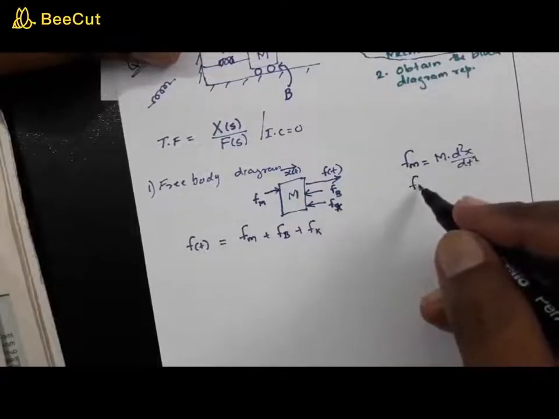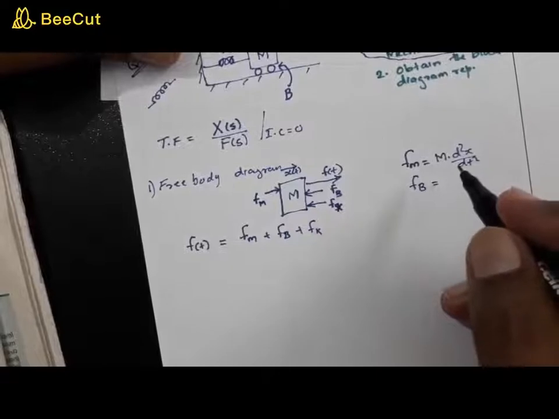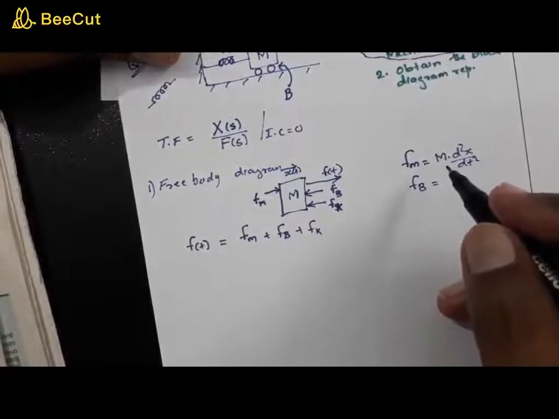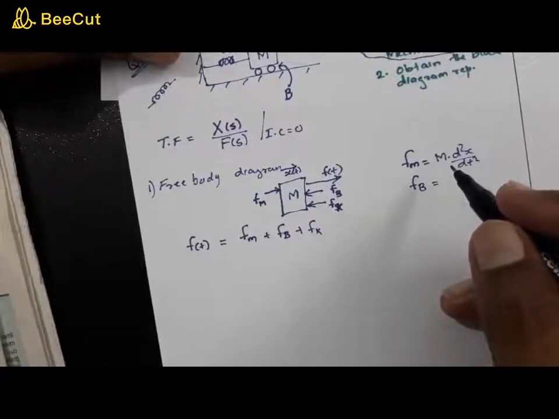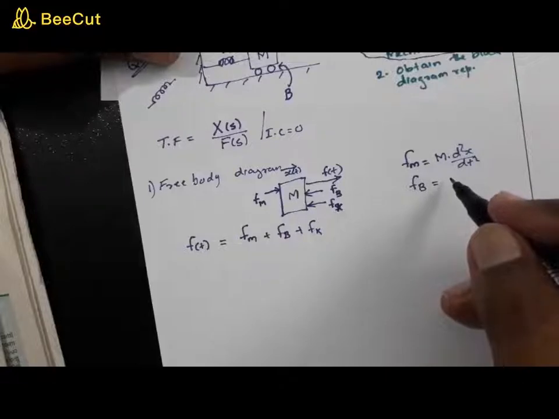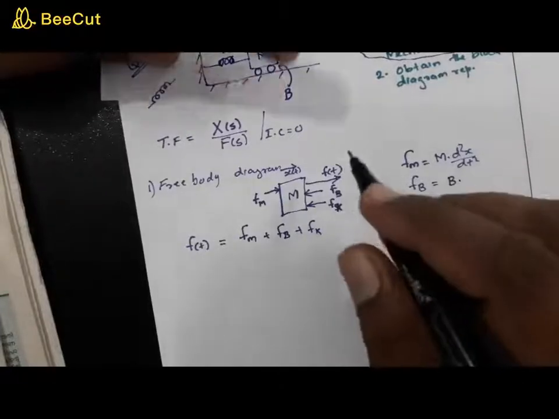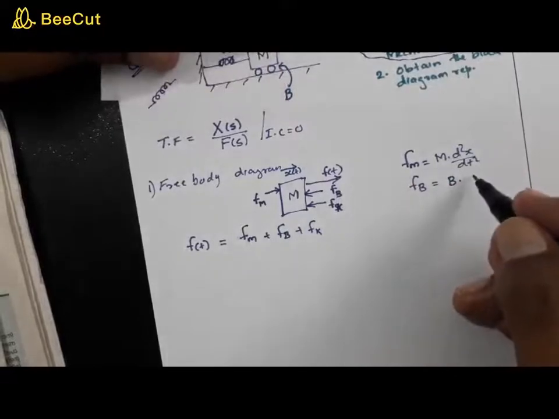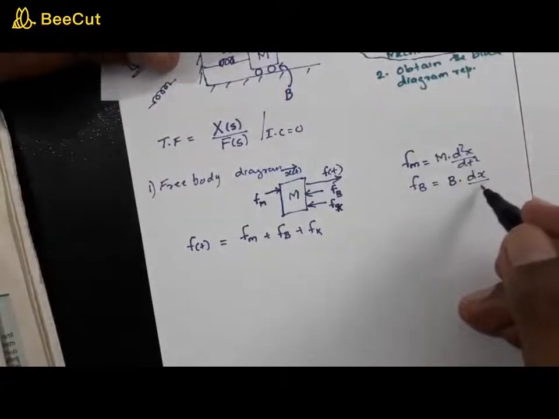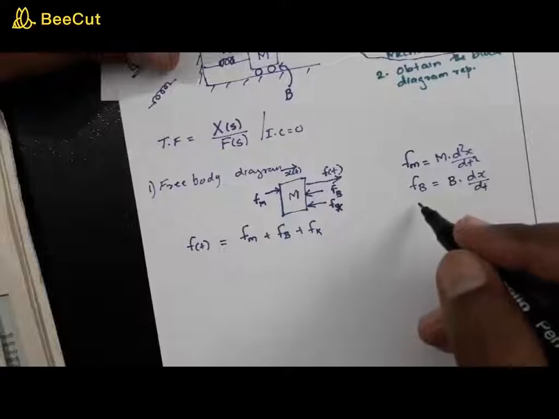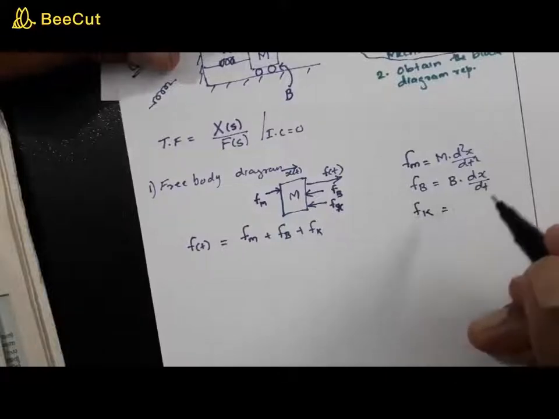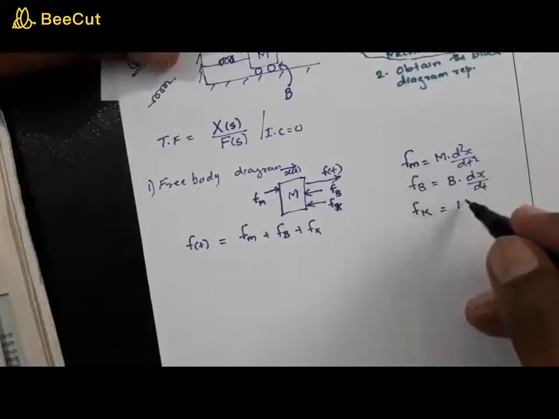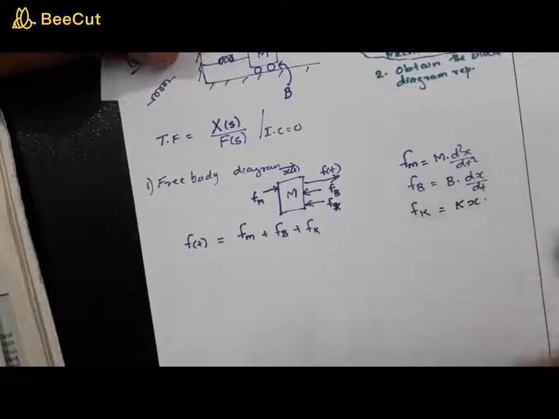Now, what is Fb? That is the force due to the dashpot damper, which will be b times dx by dt, where b is the coefficient of damping. And Fk, the force due to the spring constant, is k into x, right?